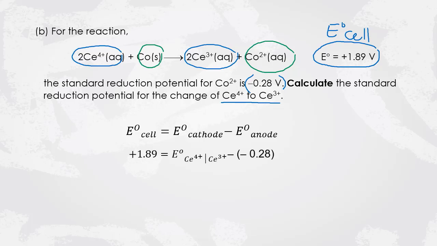So substitute the values. We want to find the E° cathode. Lastly, you are going to get the standard reduction potential of Ce as positive 1.61 volts.